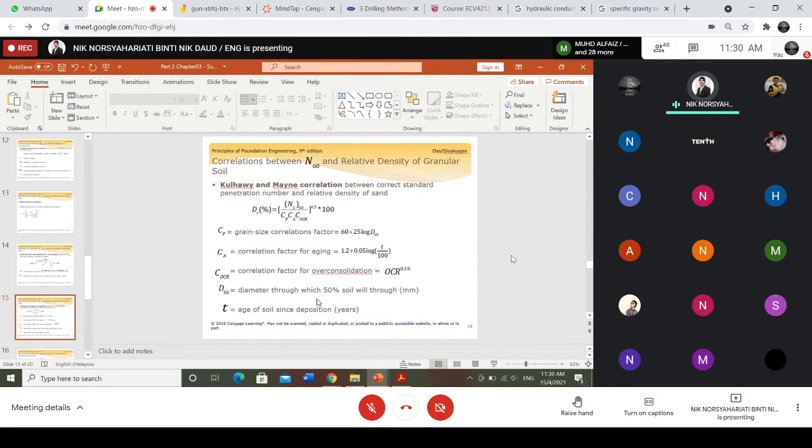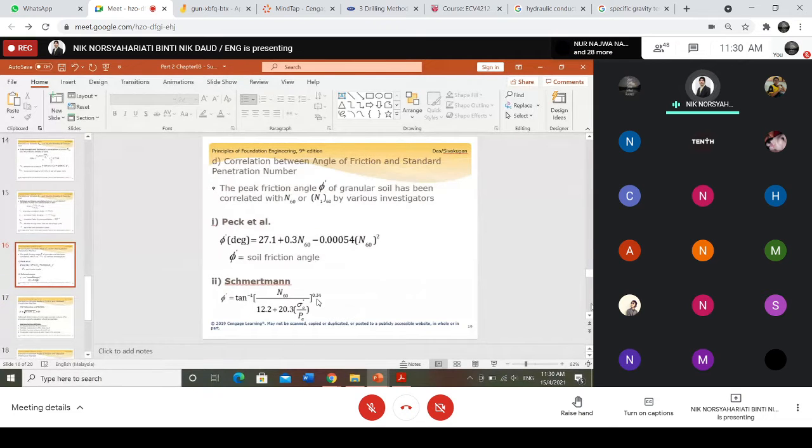Again, this is some sort of modification by adding a correction factor for aging. The aging side can also be counted, in terms of finding the relative density of the granular soil.